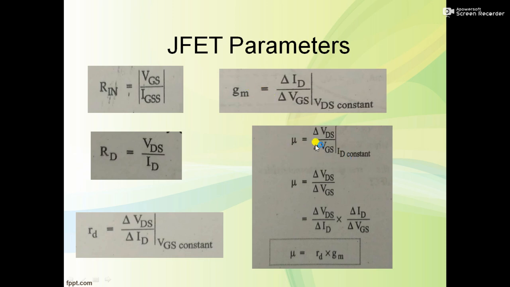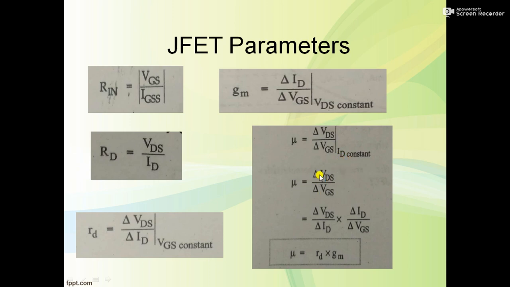The next parameter is the amplification factor of the JFET. The amplification factor is given by the change in VDS divided by the change in VGS at constant drain current ID.